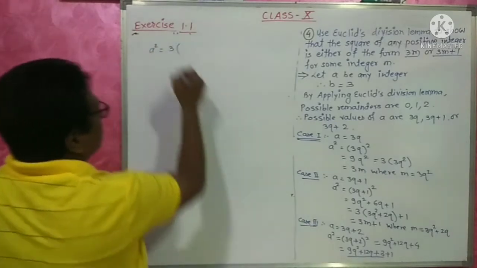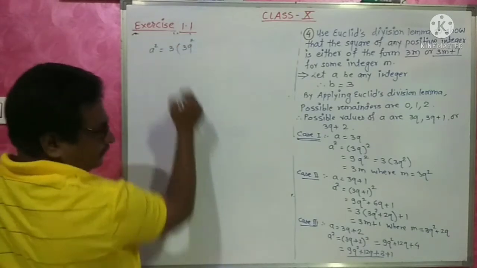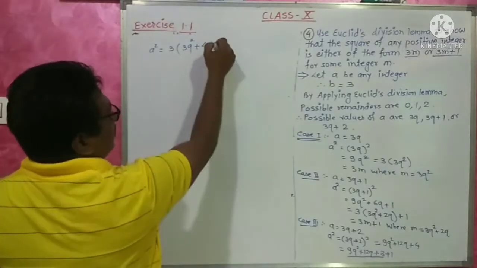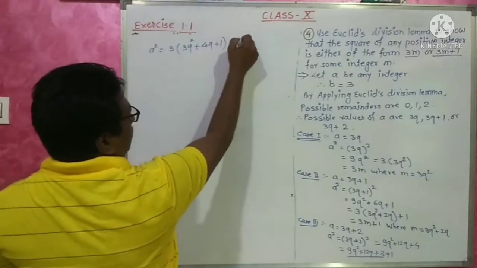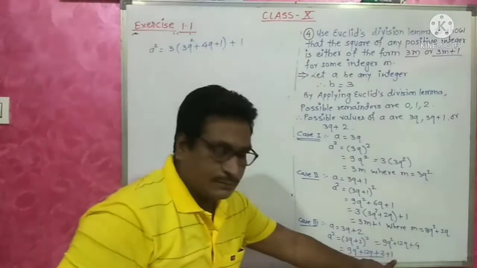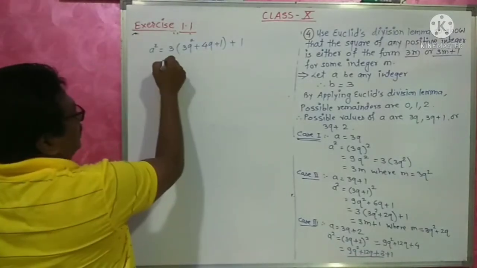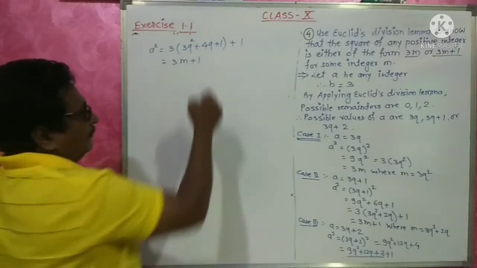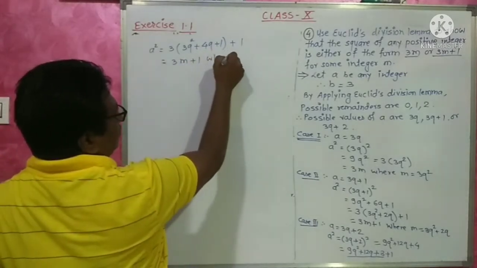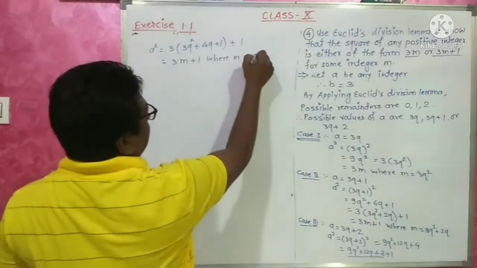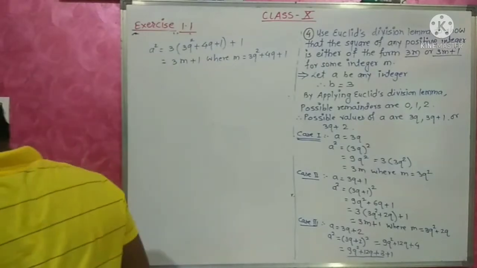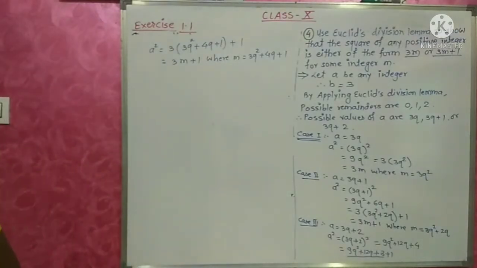So what will we get? 3(3q square plus 4q plus 1) plus 1. Therefore we can write 3m plus 1, where m equals 3q square plus 4q plus 1. So it came in that form. In this way we have to show this.